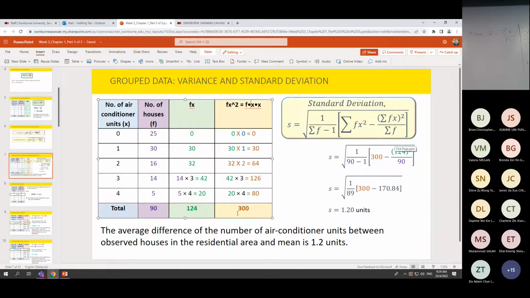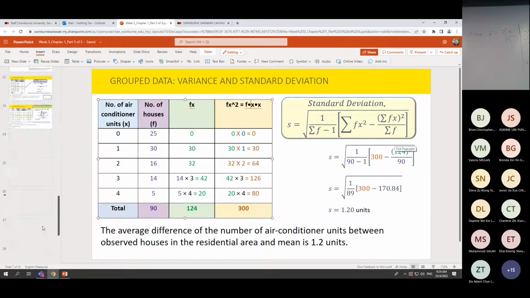Okay, then the next step is to substitute the total value for each column into the standard deviation formula. The formula, no need to memorize by heart, but you have to remember where you can get the formula from. Because today the data that we have is called grouped data, so we need to use this formula. We cannot use the formula that we learned last week.